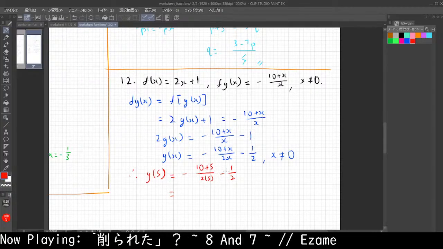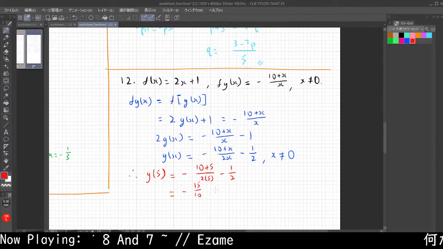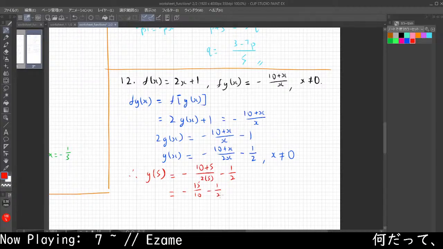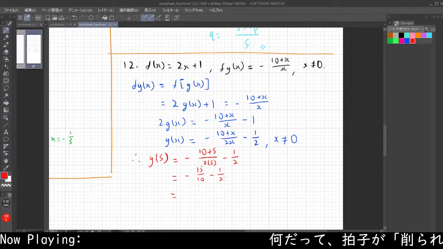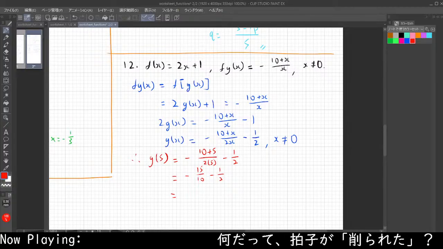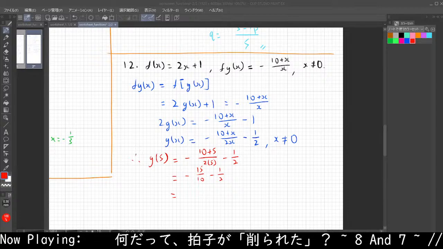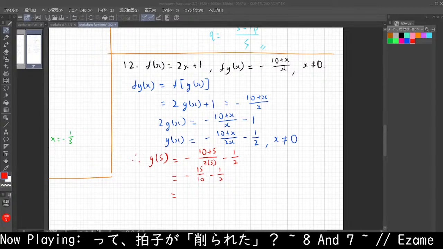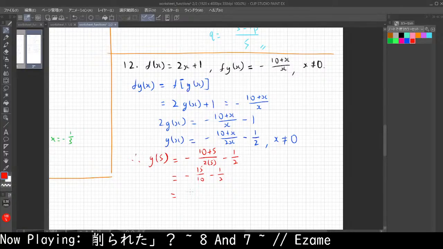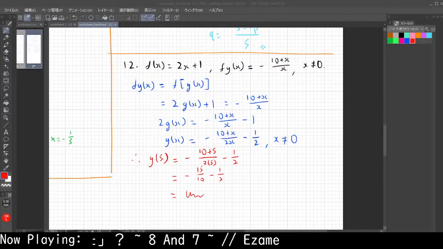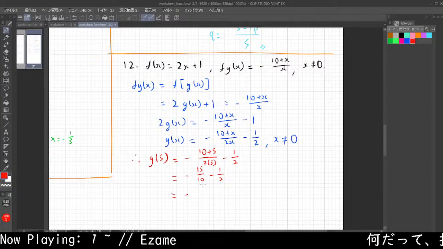Negative 10 plus 5 is negative 5, so 15 over 10.